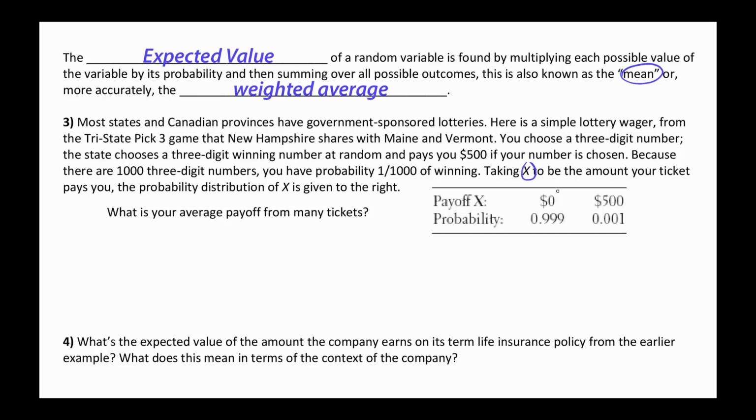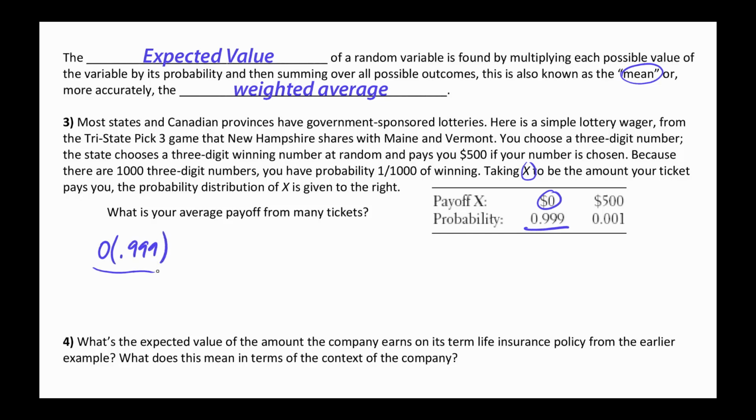If you look at this table, we can expect to win $0 999 times out of the 1,000. It's only that one correct number that will earn you the $500. So if we need to find the expected value for payout for the whole lottery, we need to take the value times its probability. So that's $0 times 0.999.